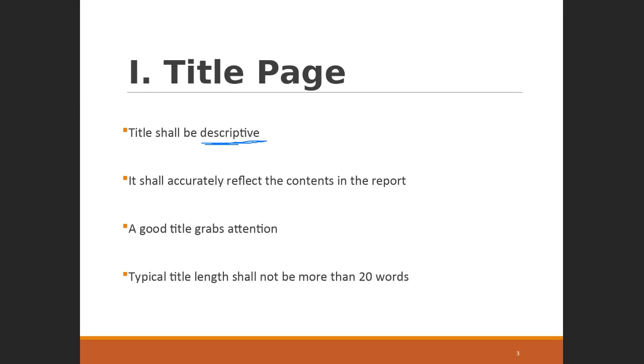A good title also grabs attention and entices people to read the research report. Typically, a title length shall not be more than 20 words. So you have 20 words to accurately describe the contents of your research report.